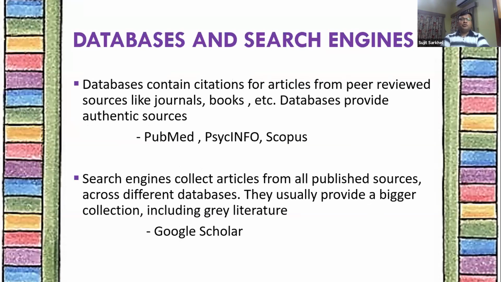And the most popular are databases and search engines. You see, databases contain citations of articles from peer-reviewed sources like journals, books, etc. They are the authentic sources of articles, although the number of articles that you can get from databases is limited. So PubMed will have mostly articles from Medline-indexed journals.